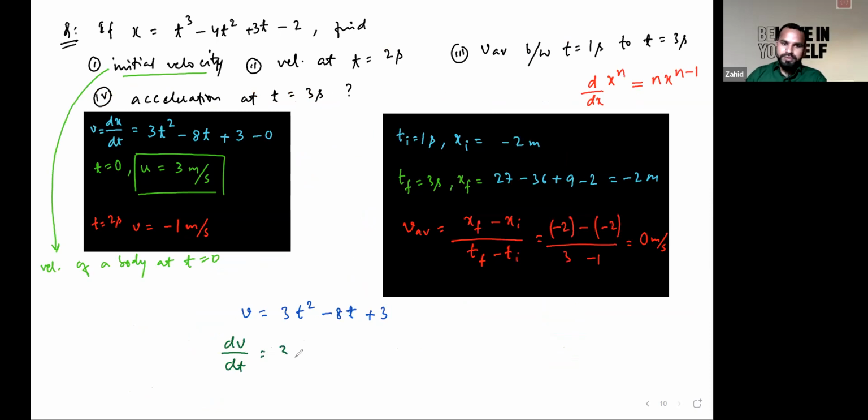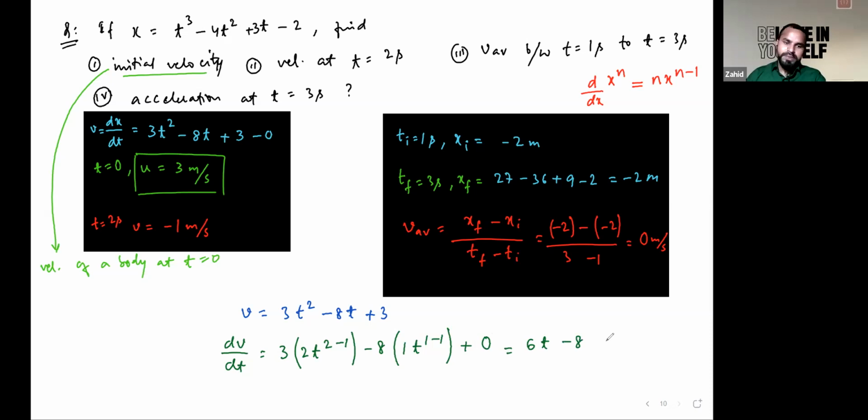So just differentiate it with respect to time. You will get 3 as constant, t square, so it will be 2t raised to 2 minus 1, minus 8 as constant, t raised to 1, so it will be 1t raised to 1 minus 1, plus 3, which is just a constant term, so its derivative would be 0. On solving, you will get 6t minus 8. Now put the value of t to be 3 seconds.